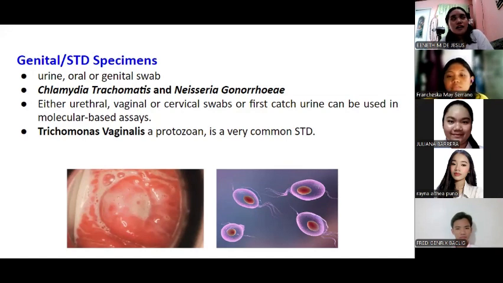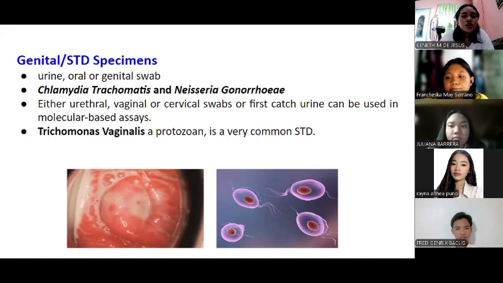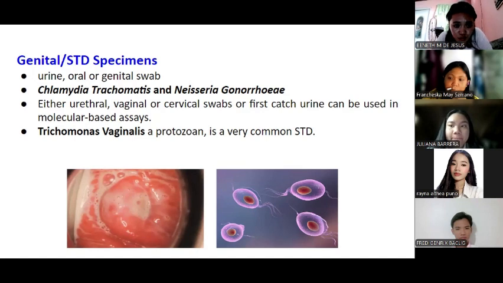Ang babae kasi is ang recommended ng doctor is magpa-check pag 21 years old and above, like every year siya ginagawa. So ang usual na nakikita dito is chlamydia, trichomoniasis.